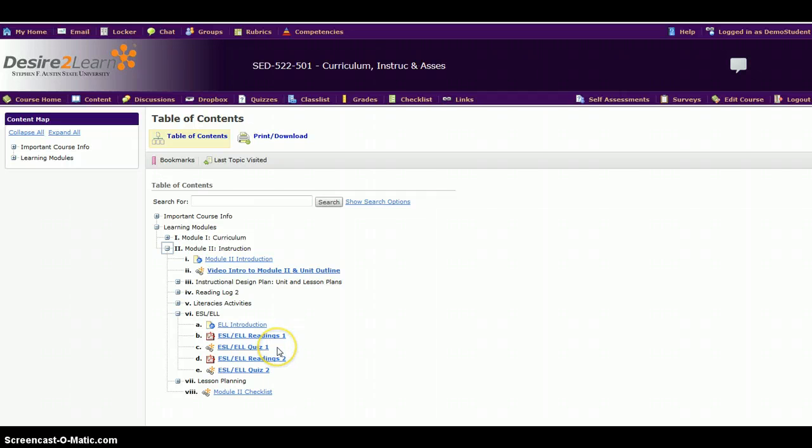Something about the quizzes: there are 20 items on the first quiz and 16 items on the second quiz. Those 20 items on the first quiz and on both quizzes are basically multiple choice items. You might find a matching type of question or item on one of these, but basically they're multiple choice.